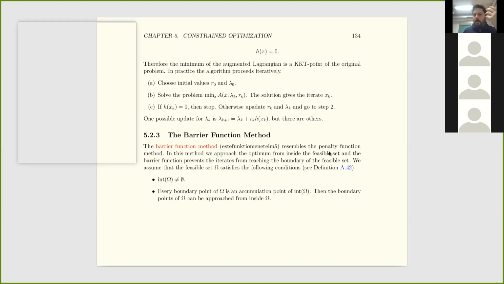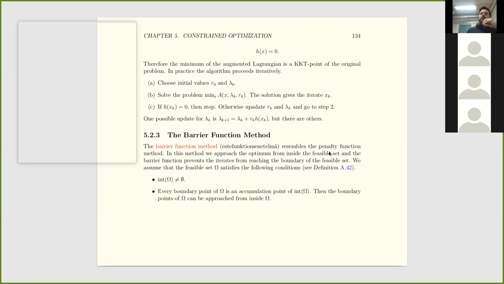So when you are in the infeasible region, you're incurring a cost, and being outside the feasible region forces you to get closer to the feasible region, because the cost will increase the further you are from the feasible region.